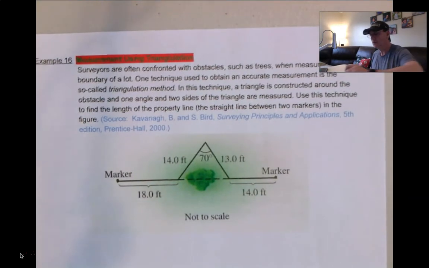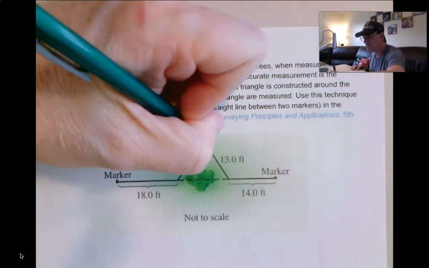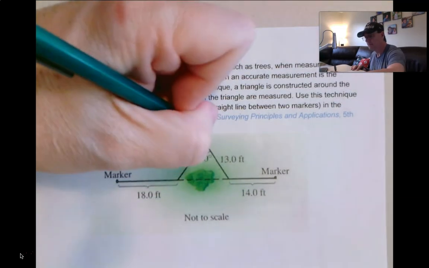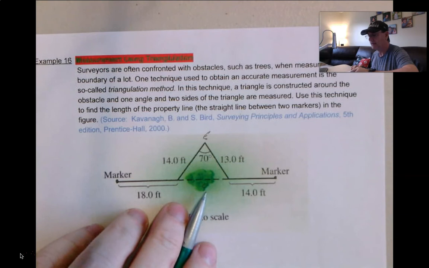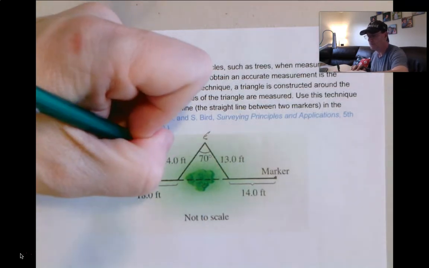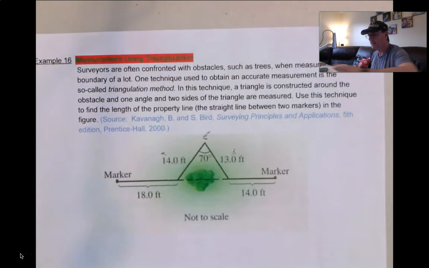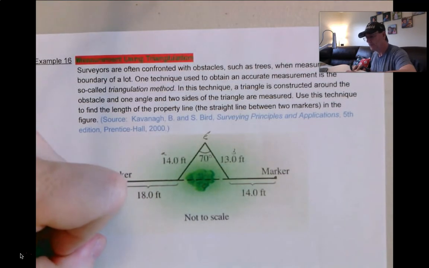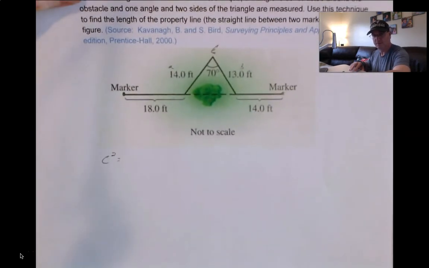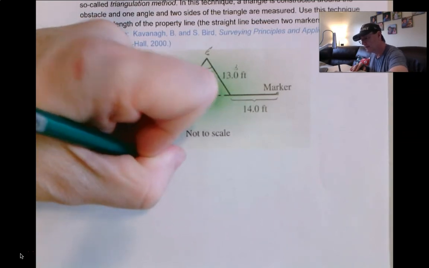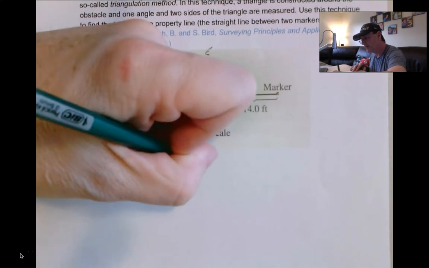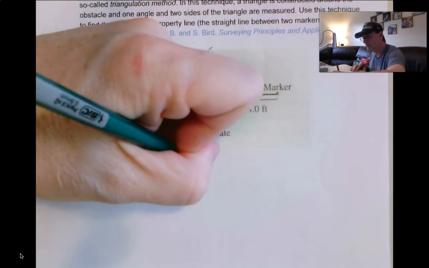Okay, so I'm going to call this angle C, and I'll call this little c, just for writing out the formula, because I'm looking for the little c. This will be A, this will be B, little a, little b. Okay. So c squared equals a squared plus b squared minus 2ab cosine angle c.